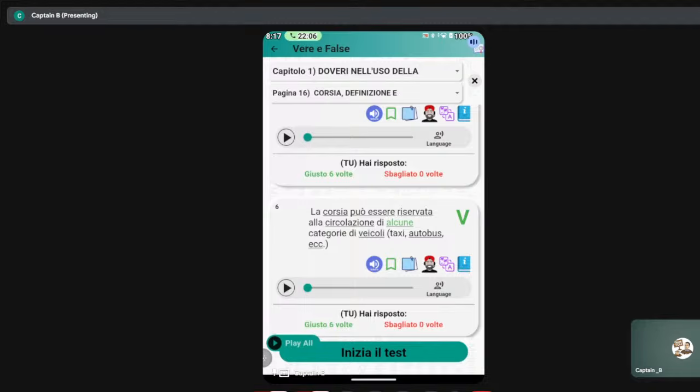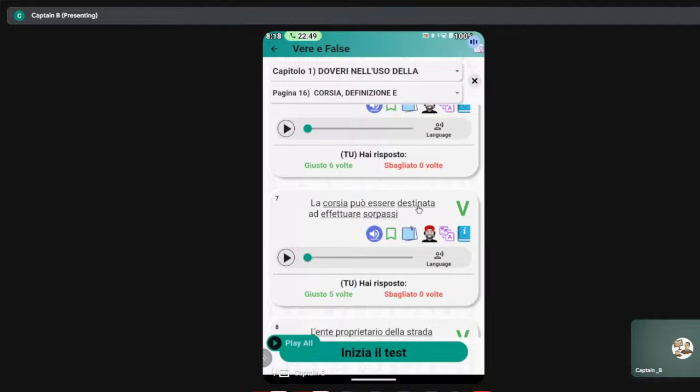All right, so there are some roads that are reserved for some category of vehicle. Now the word vehicle here is talking about anything that has tires. So there are some roads reserved for the circulation of bicycles, taxis, trailers, autobus. All right, good. And it is true: corsia può essere riservata alla circolazione di alcune categorie di veicoli, taxi, autobus, eccetera.